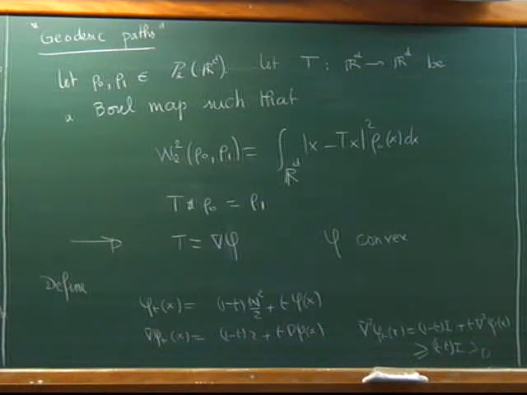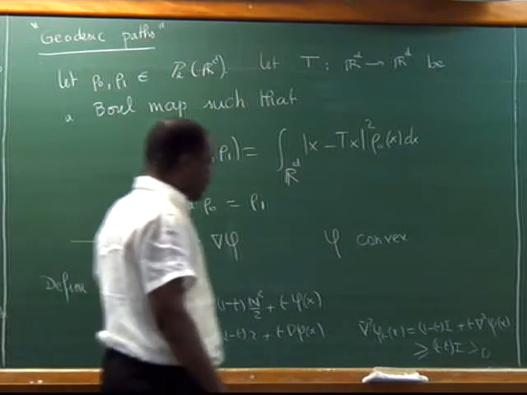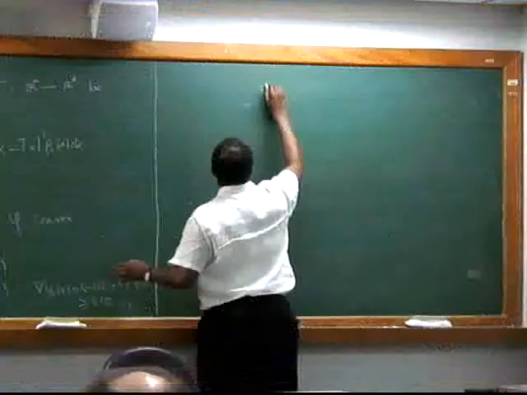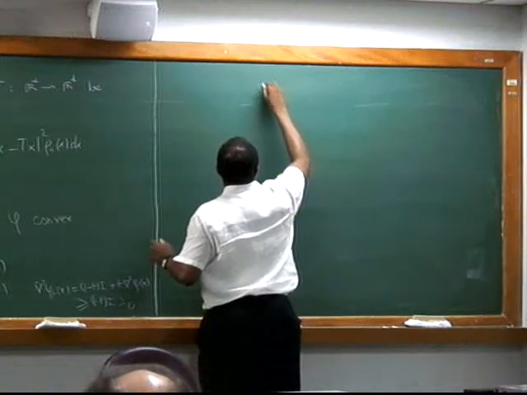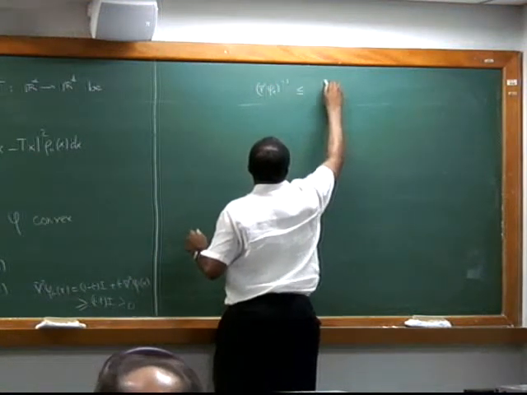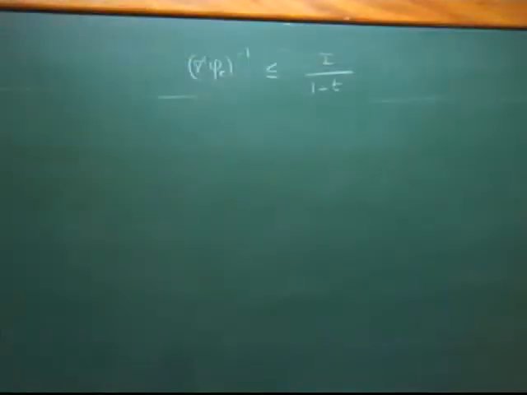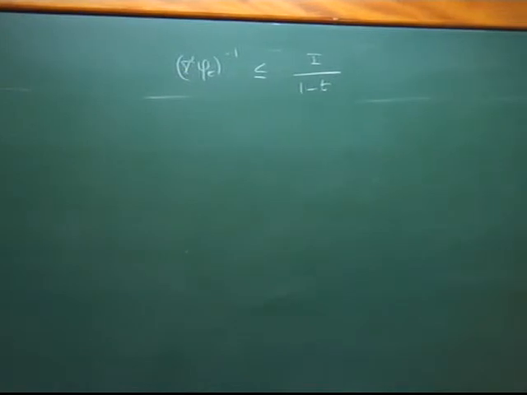If t is 1, we know what phi 1 is. If t is not 1, then this is strictly positive. So phi t is a strictly convex function. And the inverse will be less than the identity divided by 1 minus t, which means that the inverse of the gradient of phi t is a Lipschitz function. So we have such a regularity property.